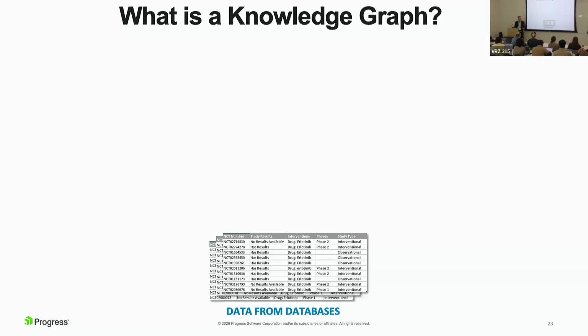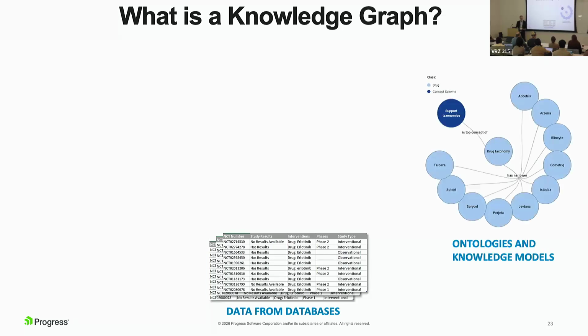When people start a knowledge graph project, usually they're starting with data that's amenable to this type of operation, data from databases. Rows become nodes, columns become edges, and it's easy to bring this information into a system and work with it. But of course, the data doesn't just automatically connect with each other.